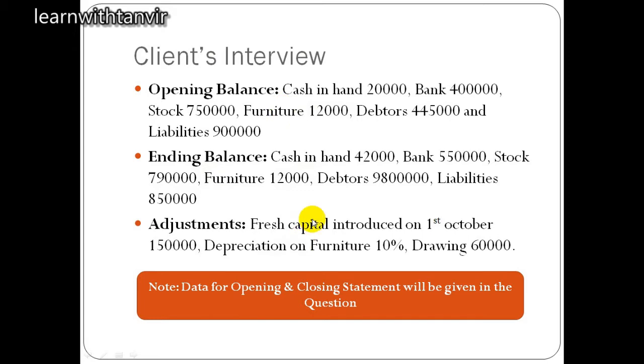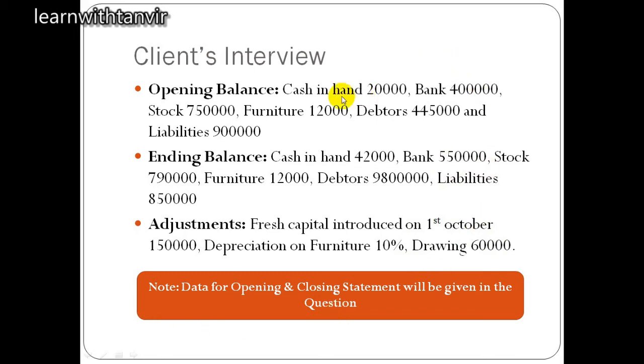The customer will not tell you, but you will have to inform him that 10% depreciation should be charged on furniture. And the customer also informs you that he introduced fresh capital of 150,000 and he took drawings of 60,000 for his personal expenses.